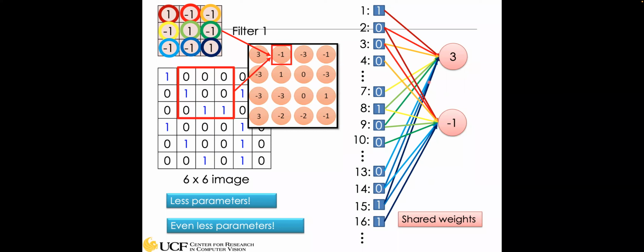So in this case, the local processing of the convolution makes fewer parameters, and the shared weights property makes the overall parameter count even less. That's one significant advantage of the convolutional neural network compared to the fully connected layer.